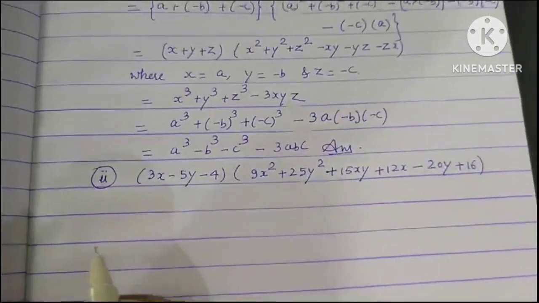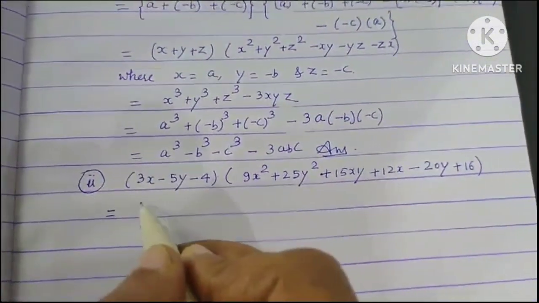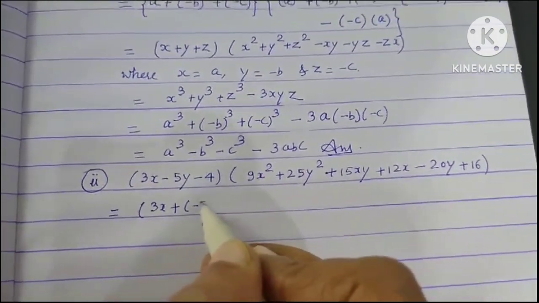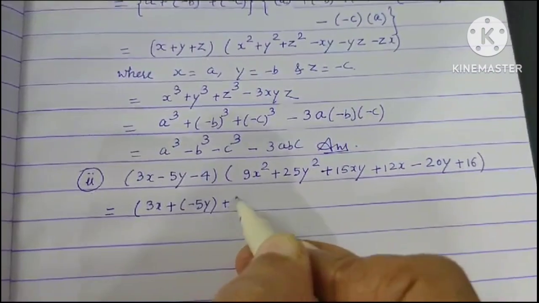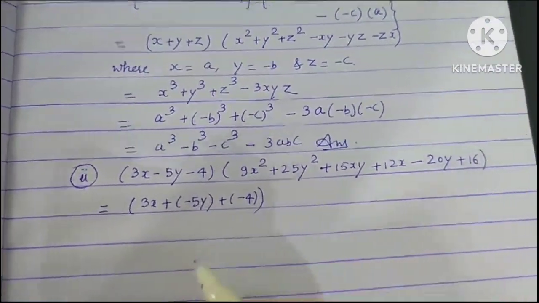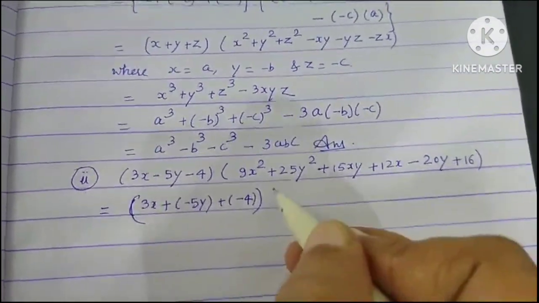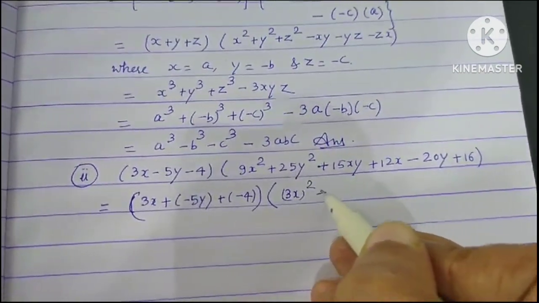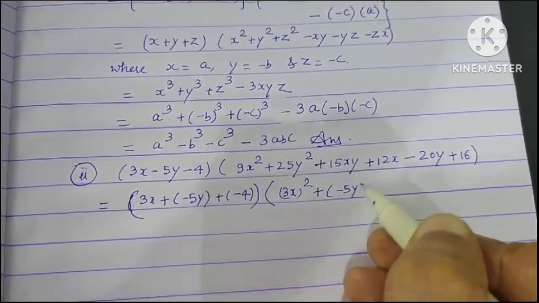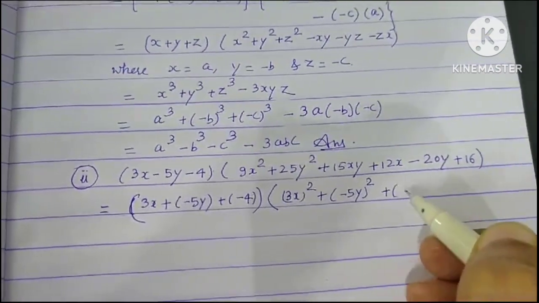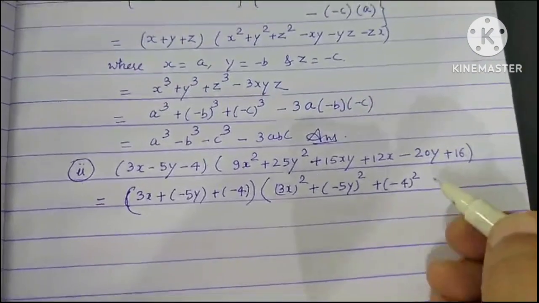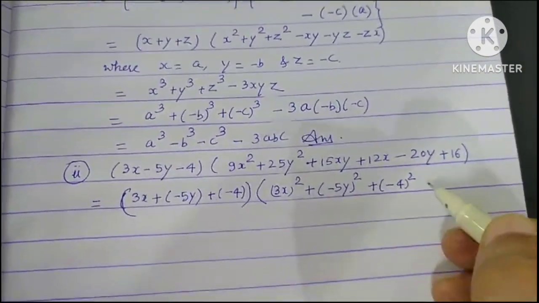Okay, so this is also, let us write it like this, equal to 3x plus minus 5y plus minus 4. And here 3x square plus minus 5y square plus minus 4 square, that is here 16. So x square plus y square plus z square.